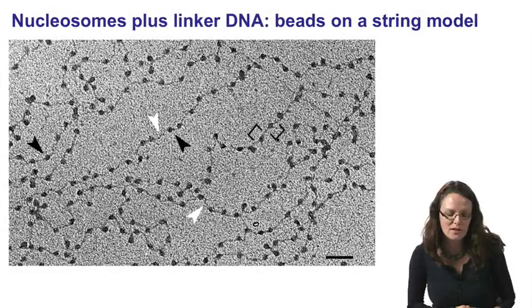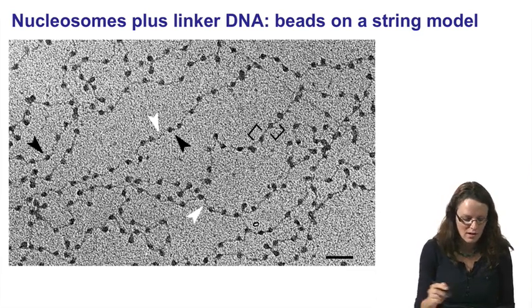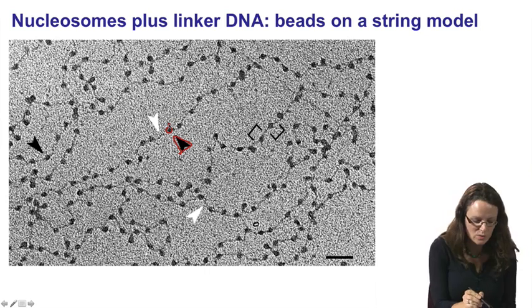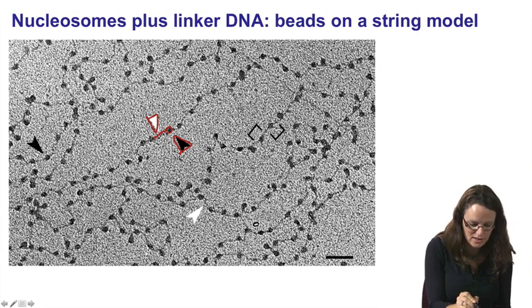A different way to look at this is using an electron micrograph, from a very high power microscope. Here, the black arrowhead is pointing to a single nucleosome. And then this white arrowhead is showing a line, and this is the DNA that's between each of these nucleosomes.